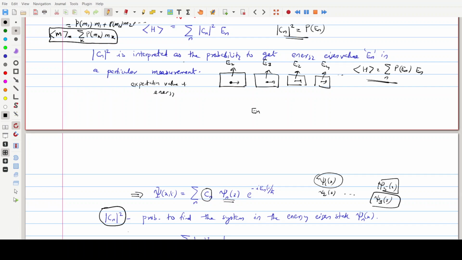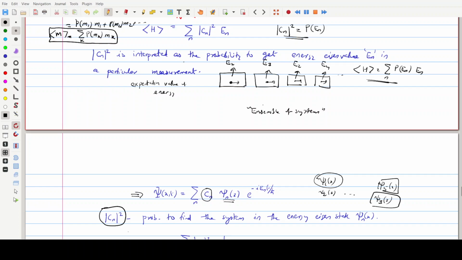So we need an ensemble of systems. With a single system, we cannot find the expectation value. With a single system, we'll get one definite value of the energy, and that value will change every time. Once you measure the energy and get E3, in the consequent measurement you might not get E3, you might get E5, or E6.